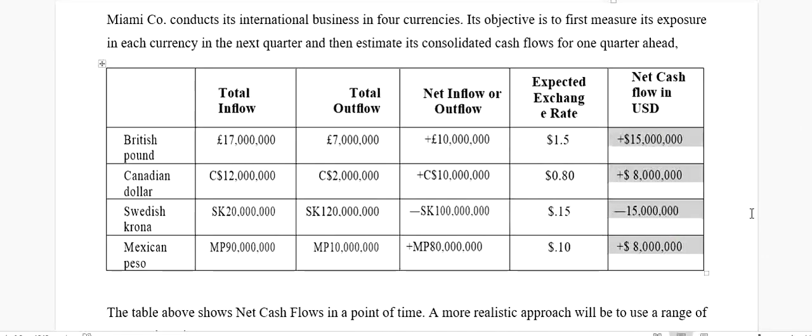Now, if I use the word risk factor, it means that there must be a risk because of the change in value. And $1.5 equal to 1 pound is not guaranteed. It's just an expected exchange rate, an estimation. A more realistic approach would be to utilize a range, where we have a minimum value and a maximum value.